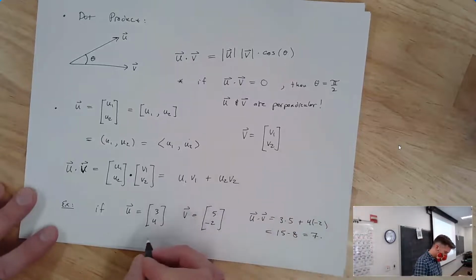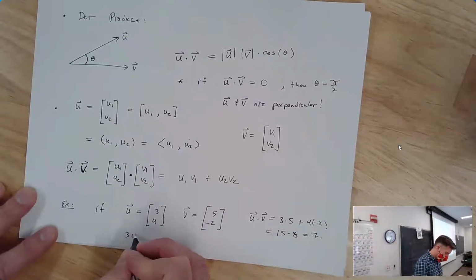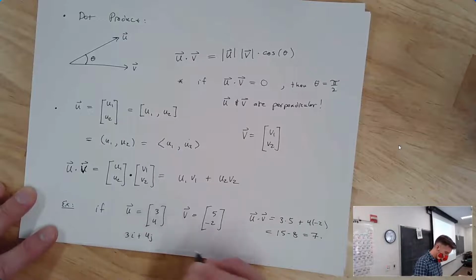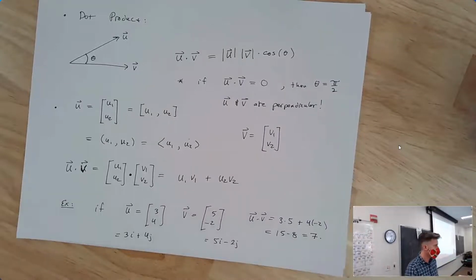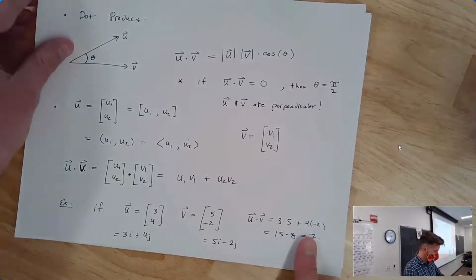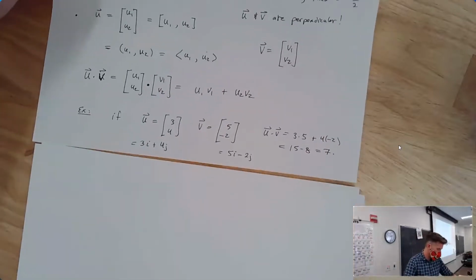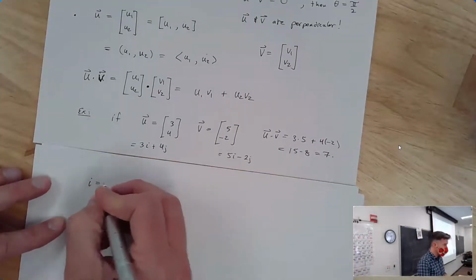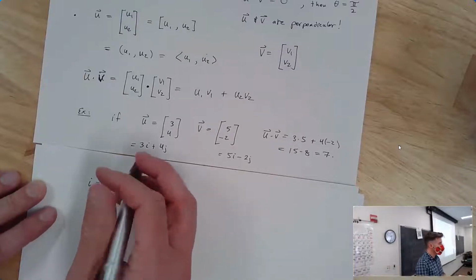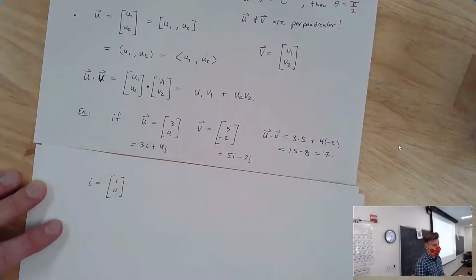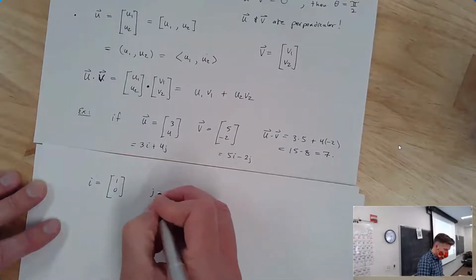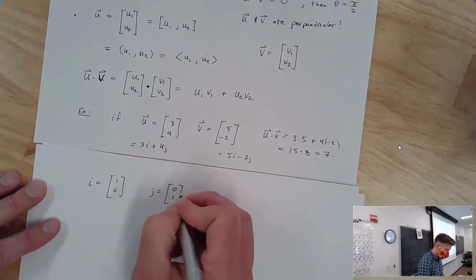You could also write this vector as 3i plus 4j, and this vector as 5i minus 2j. That notation is really just where we are saying i is the unit vector in the x direction, and j is the unit vector in the y direction.